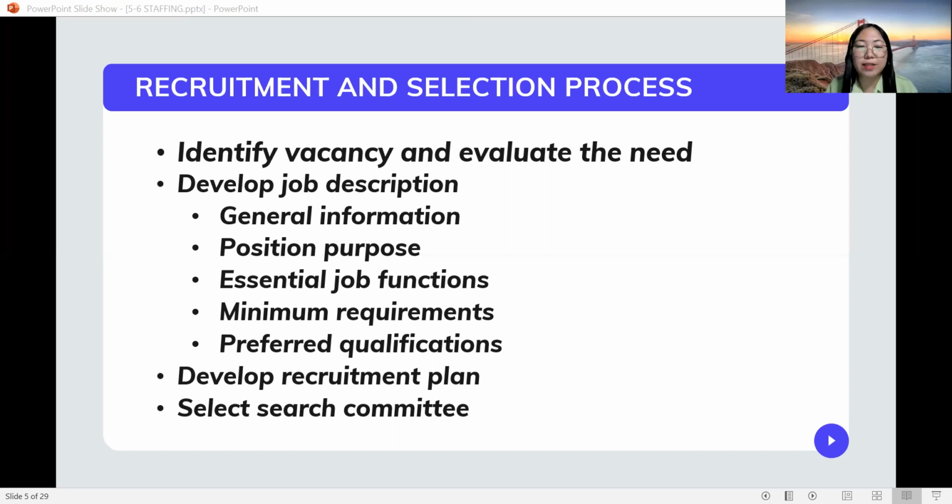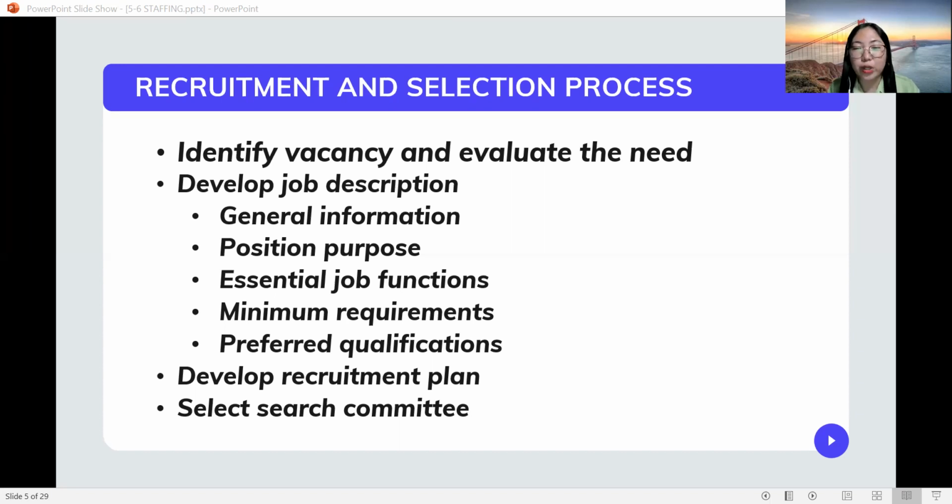So next we have the select search committee. So this is to ensure the applicants selected for yung sinasabi nating interview and final interview consideration are evaluated by more than one individual to minimize the potential of this personal bias.